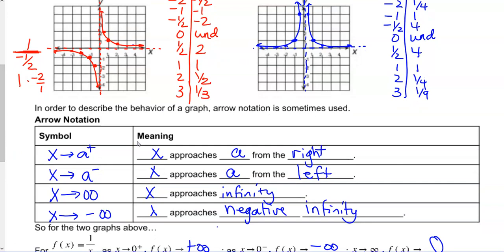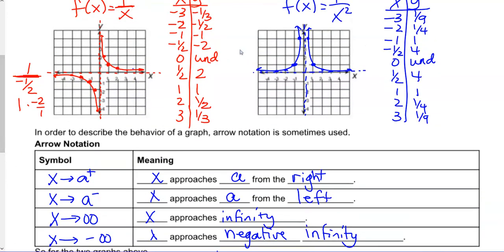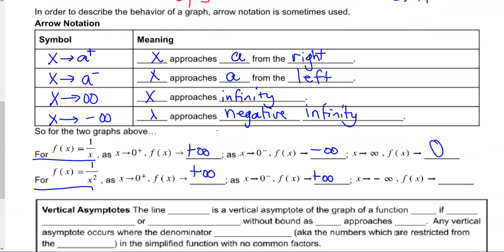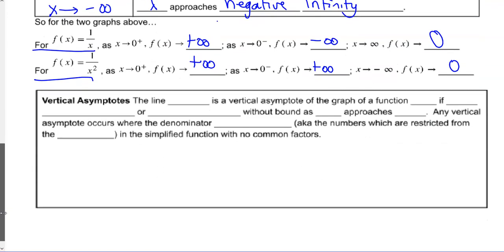If I plugged 1,000,000 into my function, I square that 1,000,000 and get a very large number. 1 over that is going to be a very, very small number. So this is going to be 0 as well. Okay, so just a little bit of notation there. Those aren't too bad once you get the directions going, but it is good to learn that in case you move forward with your mathematical courses.